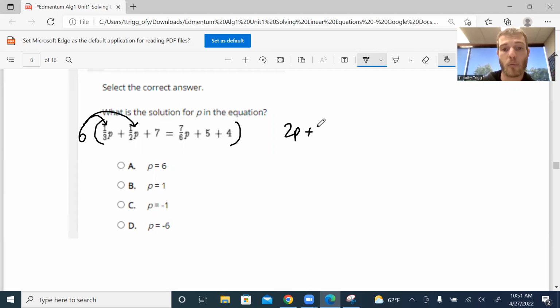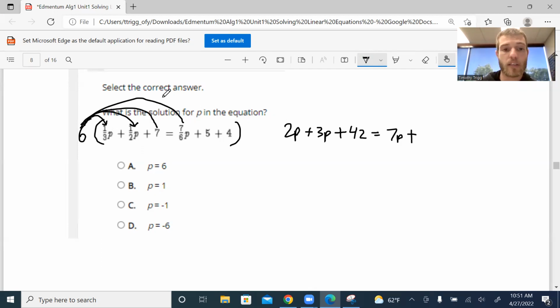So that becomes plus 3p. Multiply the 6 times 7. That's 42. Equals 6 times this 7/6p. That just gives you 7p. If you're multiplying by the same thing as the denominator, they just straight up cancel.